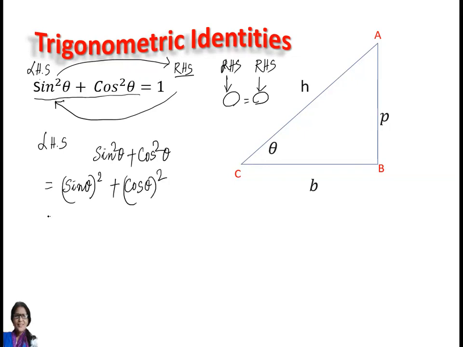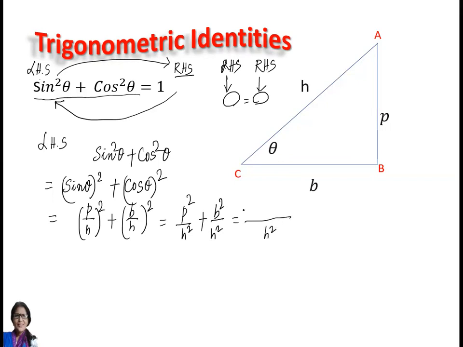And what is sin theta? Sin theta is p by h, its square. What is cos theta? B by h, square. Now I'll write p square by h square plus b square by h square. What is the LCM? The LCM is h square. What will the numerator be?